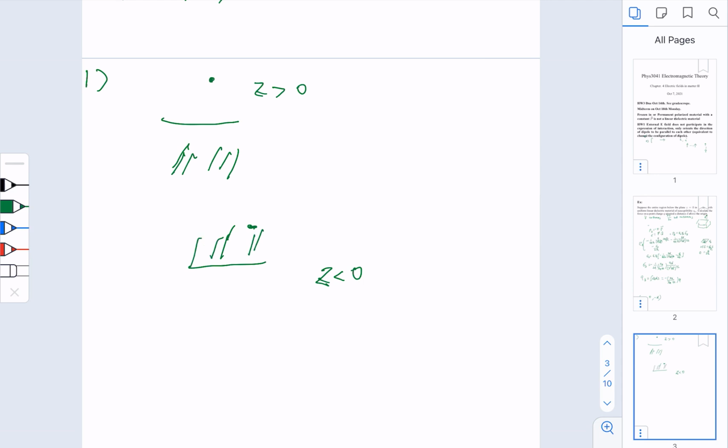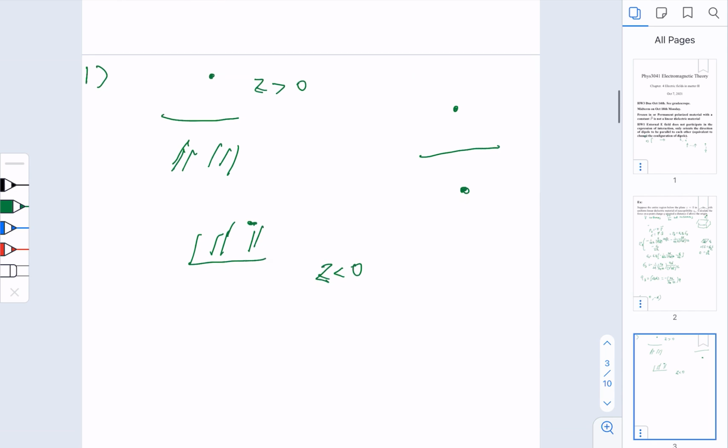So for the first case, we can try to place the image charge such that it is right below this point. And for this second case, what we can do is to place the image charge right at the same spot.